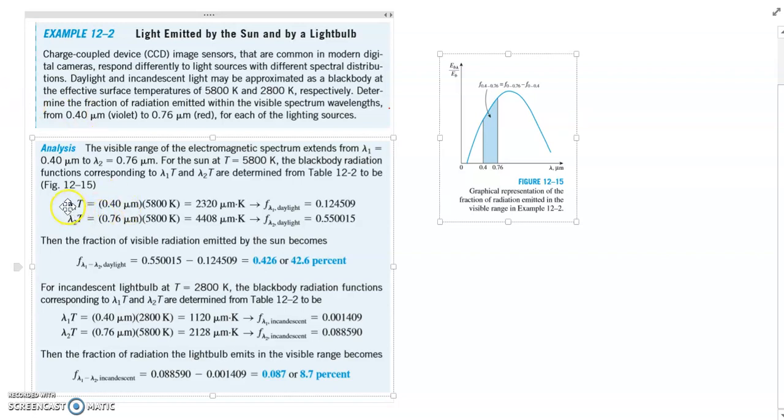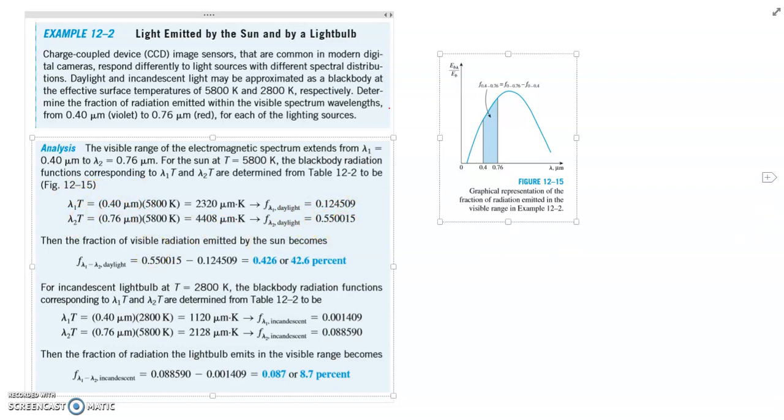So you know your lambda 1 and lambda 2, and multiply them with temperature. And you need to go to table 12.2 to find the corresponding f lambda at each wavelength. So these are the values.